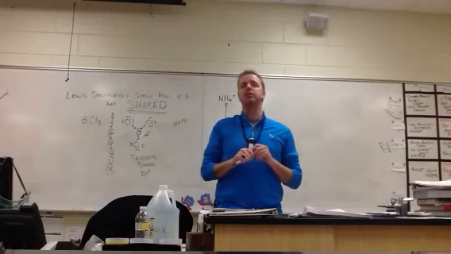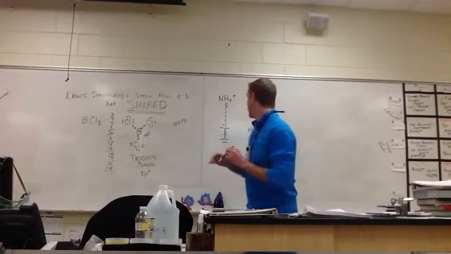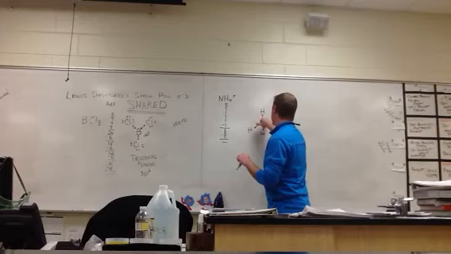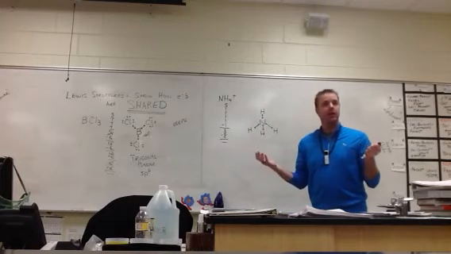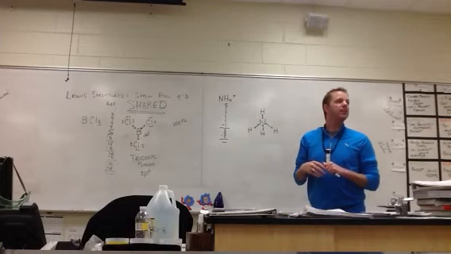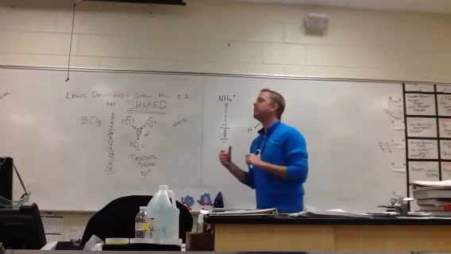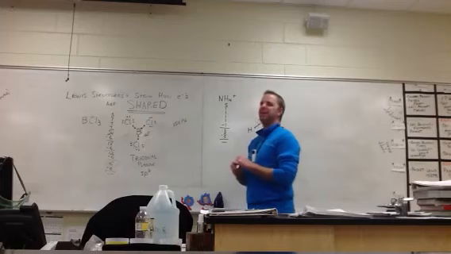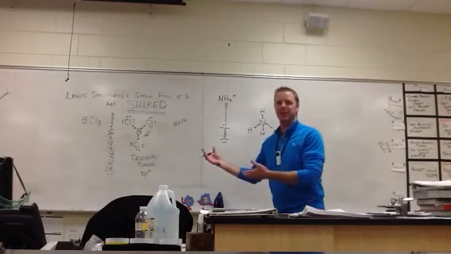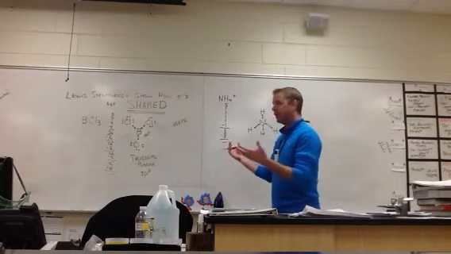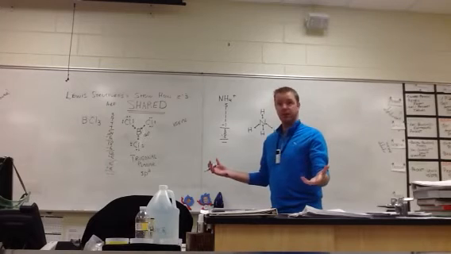Nitrogen, is it an exception? No, it wants 8. Well, nitrogen is 2, 4, 6, 8. So nitrogen is happy. So do we have to draw resonance structures on this one? No. So what I want to point out to you is, just because it's an ion, doesn't mean that it has 3 drawings like on the last one. Could. It could, but in this case it does not.